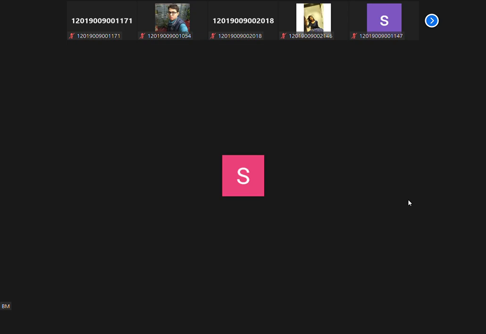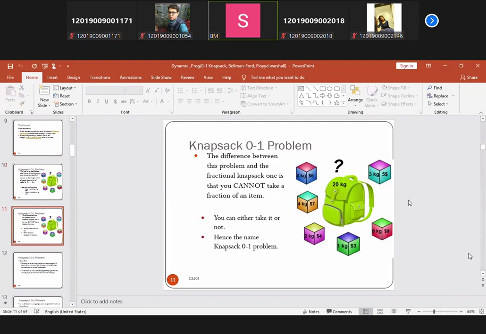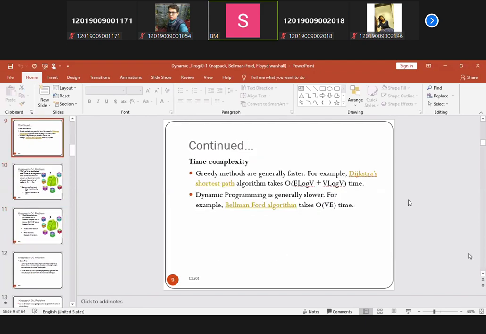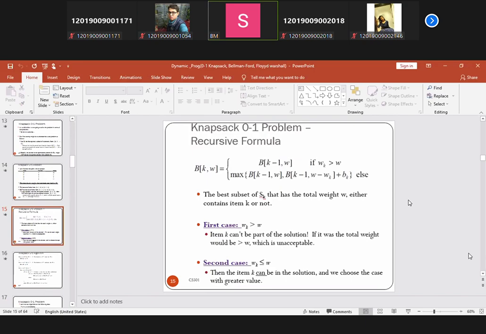So what can I do? We can take the help of a formula to do the same. The formula is given in the slide. This is the formula that you need to use.